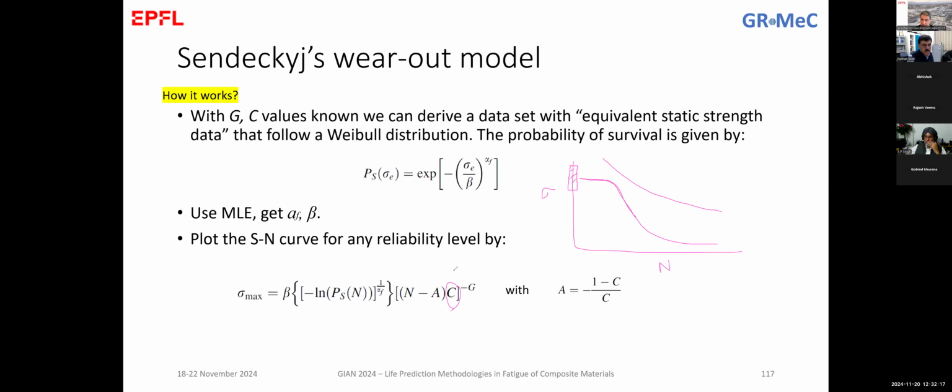It is a parameter that has been introduced by Sendeckyj, this C, exactly to fit the behavior of the material at n equals 1, which is the static strength data. And then the rest of the fitting, if you assume after a certain point, the rest of the fitting is a power law. It is this equation, which is a power law equation.